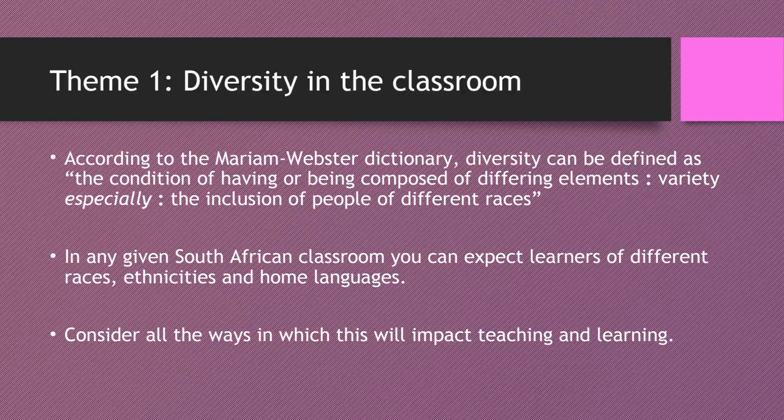They are going to have different family structures. They are going to have different views. They are going to have different preferences, different abilities. As I say, some of them might have neurodivergencies. And the best way to approach diversity is to embrace it.